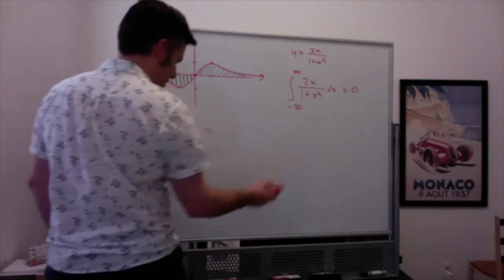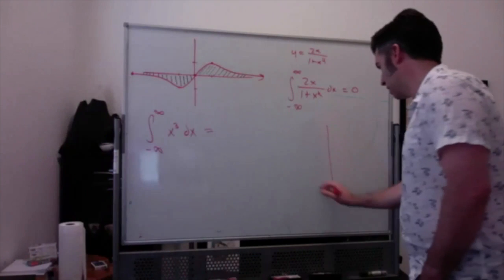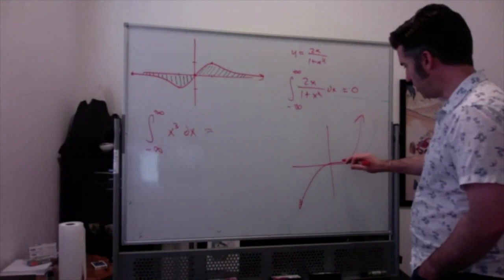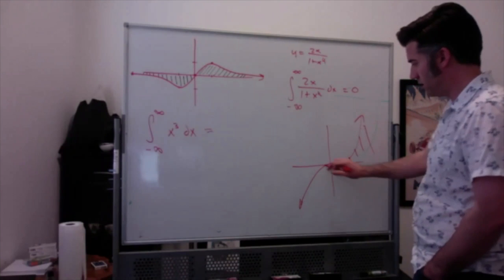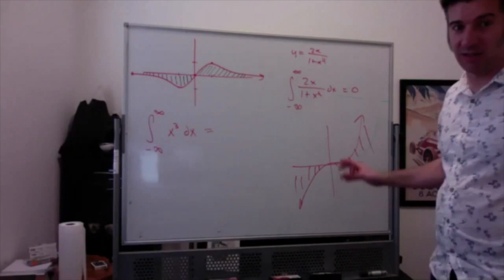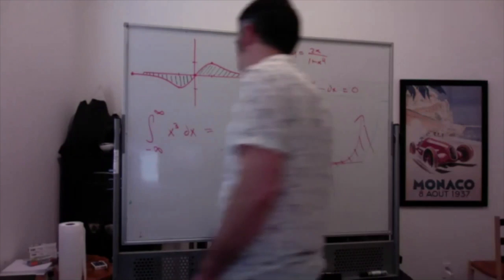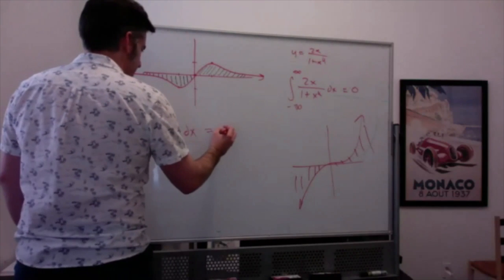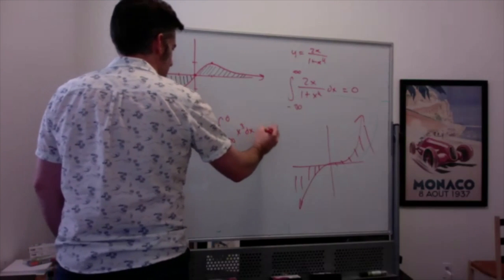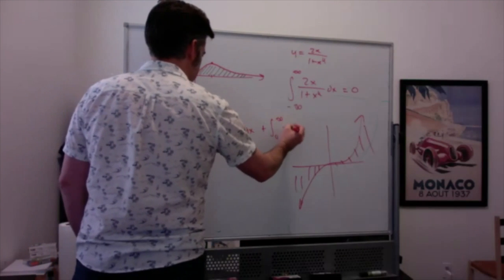Right, this looks kind of like this. We have all this positive infinite area, and all this negative infinite area over here. We don't get to say they cancel out because they diverge. And so this is kind of an example of, if I write this as the integral from negative infinity to 0 of x cubed dx plus the integral from 0 to infinity of x cubed dx.